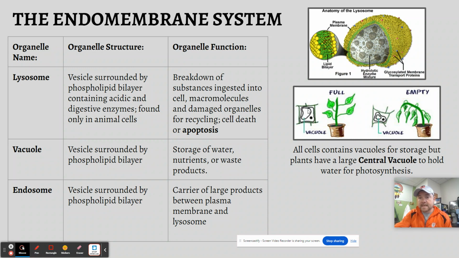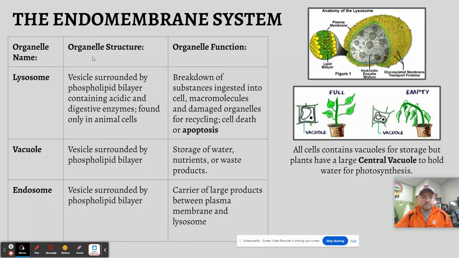If this depletes or drains, the cells shrink, which is called plasmolysis. And that's why plants wilt. So if you don't water plants, they wilt. Well, why do they wilt? Their central vacuoles are drained of all of their moisture. And so the cells shrink, and all of them shrink together. You're going to see a wilting phenomenon.